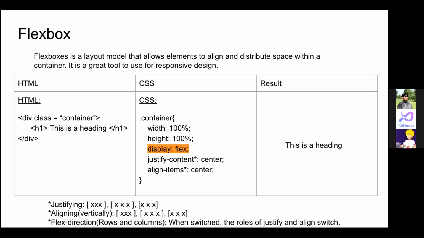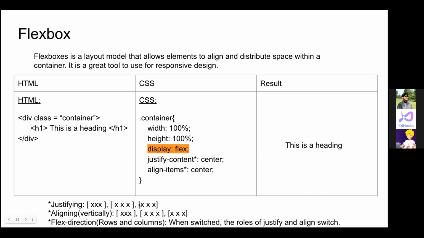But let's look at justify content for a second. What justify content does is basically move the content inside the container around the X position only. So if you put justify content center, you're going to move the content to the center in a horizontal position.